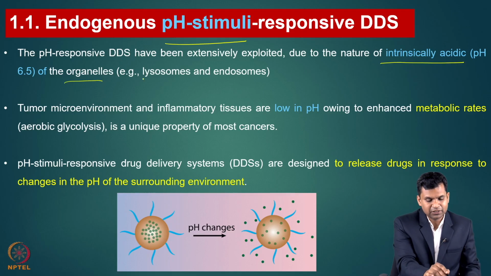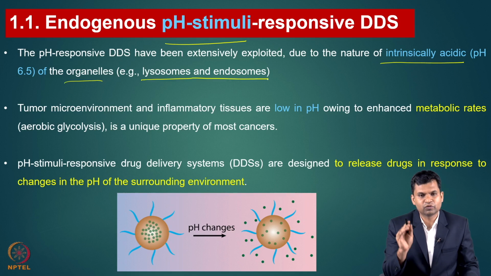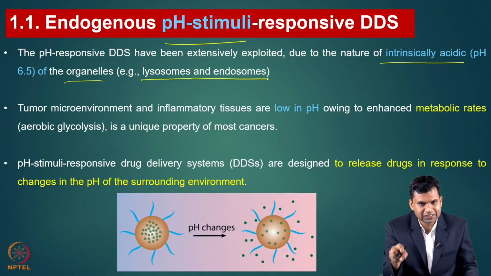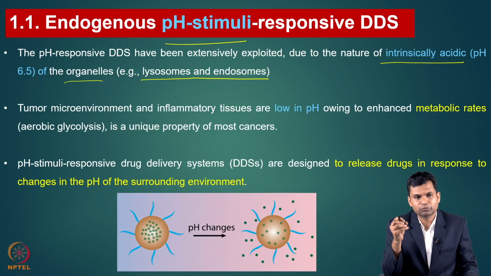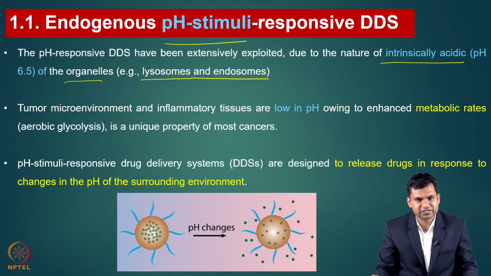For example, lysosome, endosome, if you want to target the cell organelles, then you must use pH sensitive polymers. For example, chitosan is one of the best pH sensitive polymers, which are mostly used in drug delivery applications.